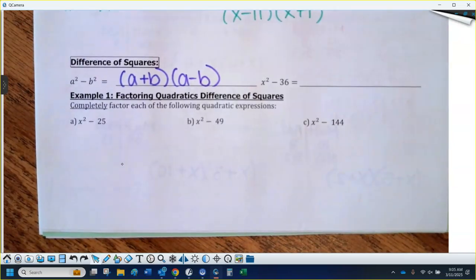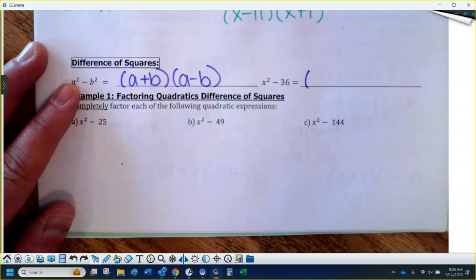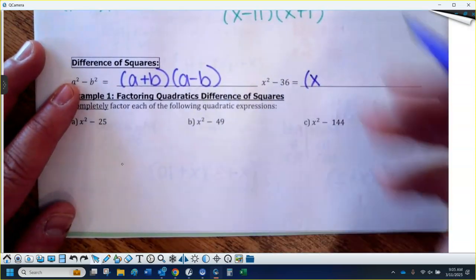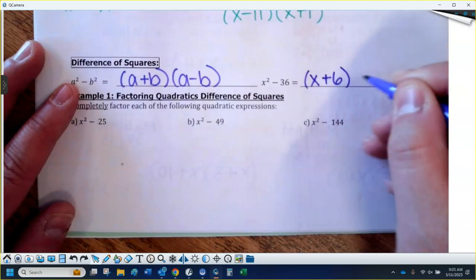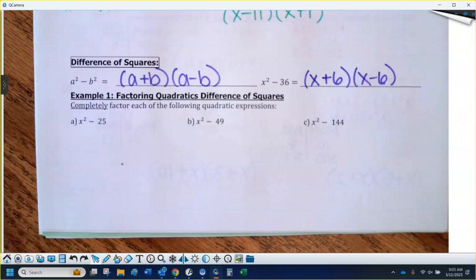When I have just a plain a and a plain b, it's literally just the square root of each of the two terms. So if I had x squared minus 36, the square root of x squared is x, the square root of 36 is 6. So one of these would be x plus 6, x minus 6. That's all it is. It's just the square root of each of the terms.